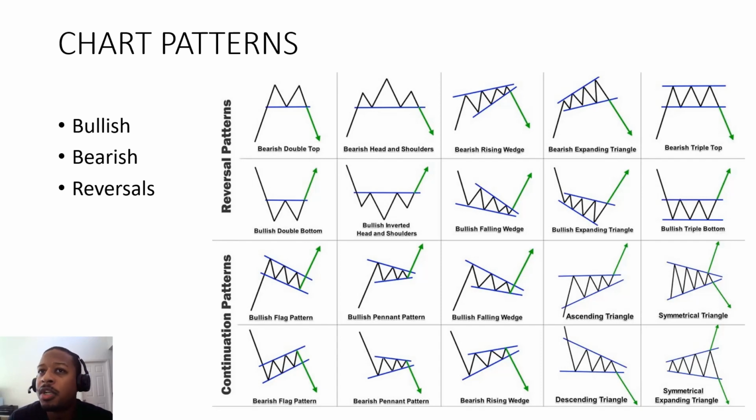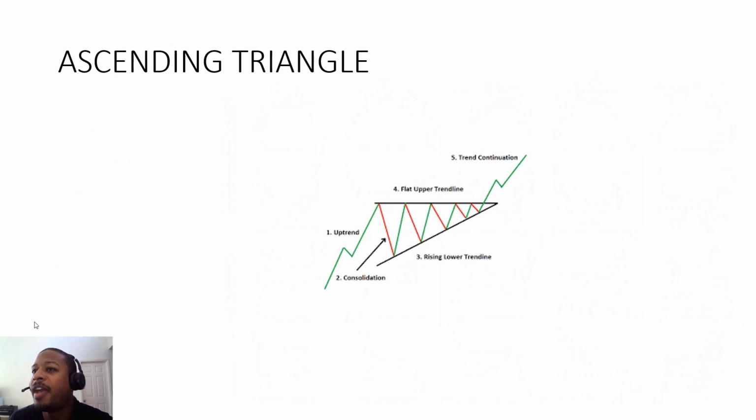Okay, so we're going to dive into some here. Let's take a look at the ascending triangles, one of the most popular ones that people look at. With an ascending triangle, first you have to have an uptrend. The stock spiked up for some reason, and it's in an uptrend. Second, you'll see the consolidation of it pulling back.